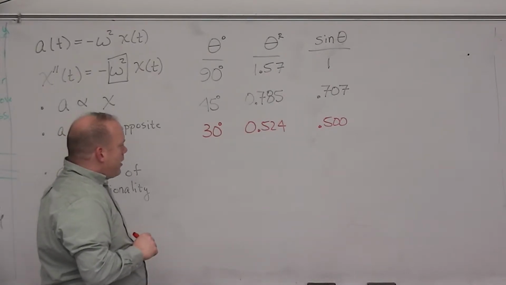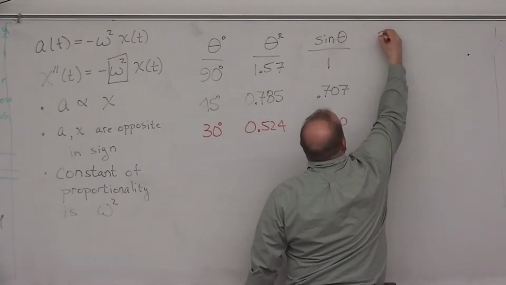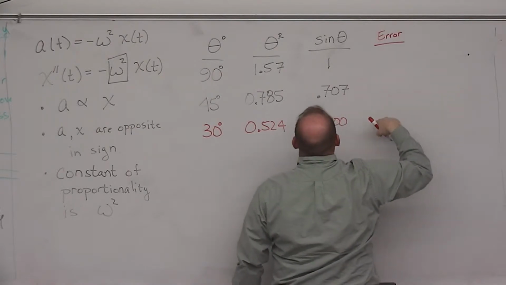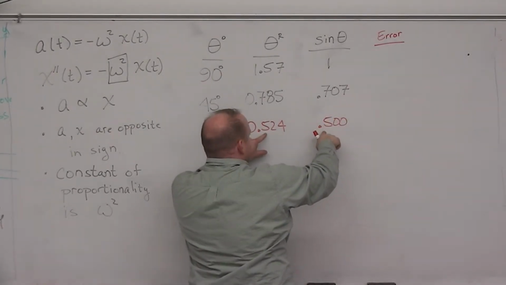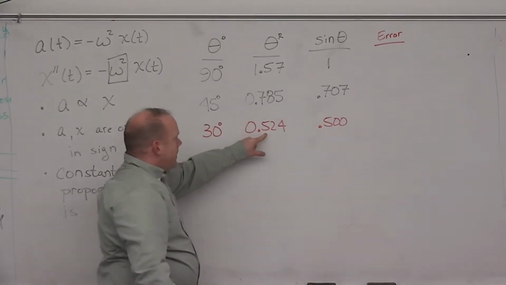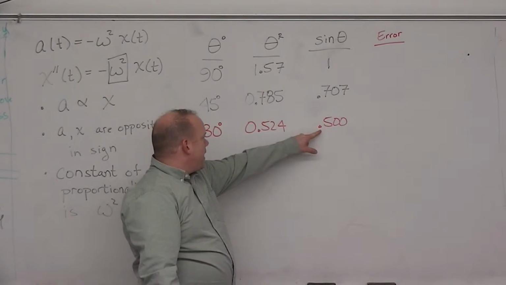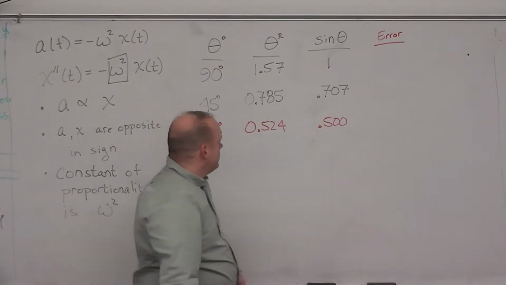Now we're talking about an error. I'm not going to worry about the error for the first couple terms there. I don't care about these two. So now, right here, from the true value of 0.500, I'm off by about 5%.